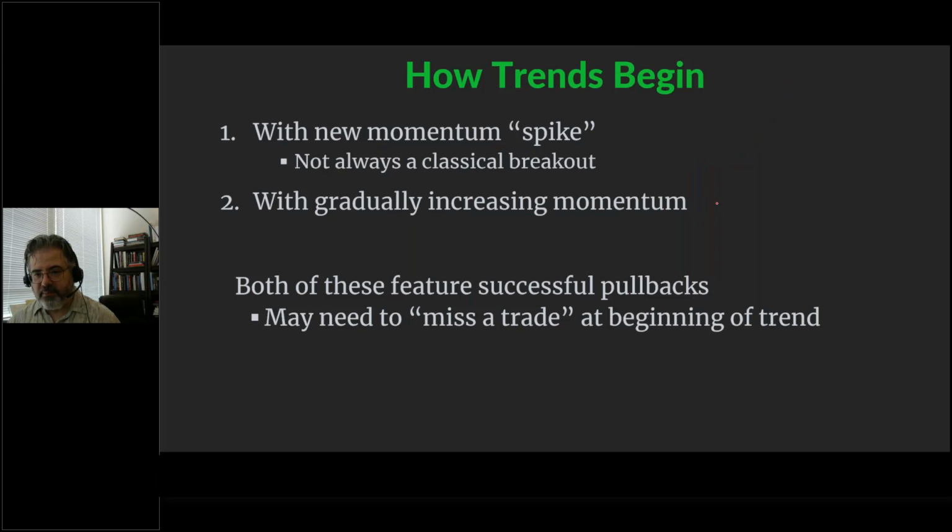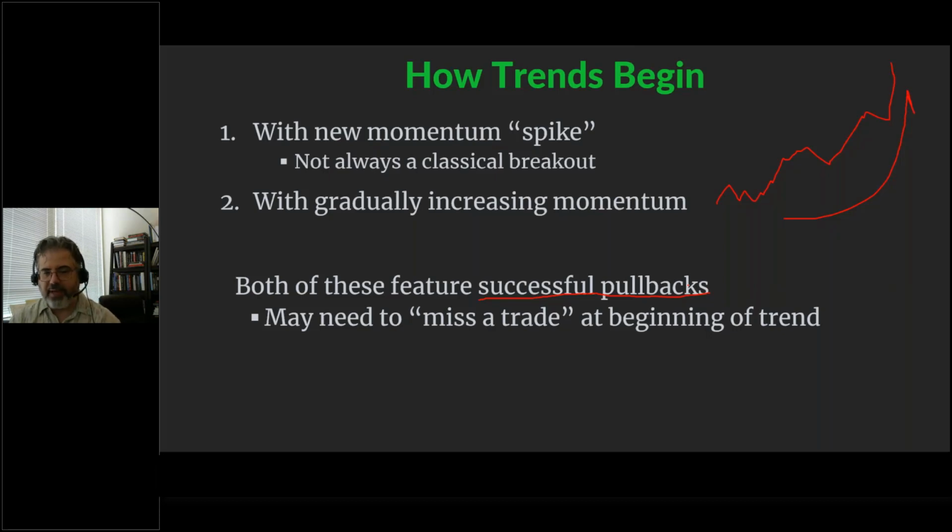Number two is you have a market that's chopping and then gradually picks up steam. Here, maybe in retrospect you could go back and identify a breakout, but it's just a slow ramp of a takeoff. The thing about both of these is they both feature successful pullbacks. One of the things that I casually dropped in the first session, which you might or might not have caught, is that pullbacks are a tool not only to put on trades, but also to analyze a market.